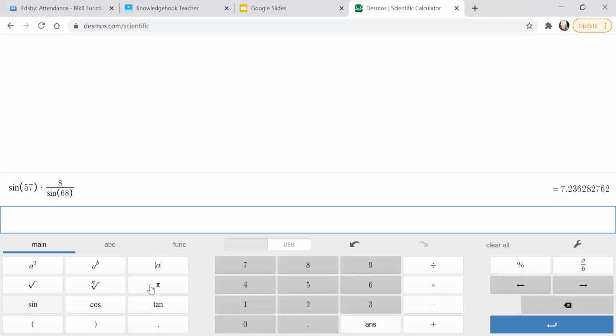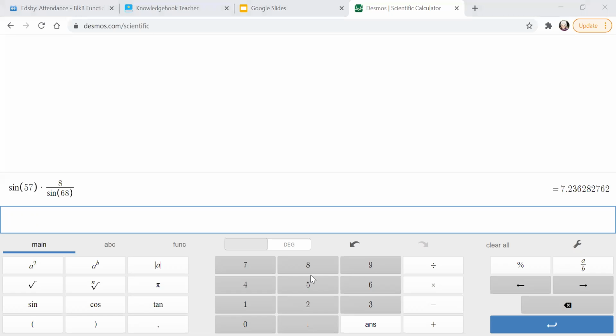What are you guys getting? 7.25. Awesome. I've got 7.24, but let me make sure I entered it in right, because I was just going off of memory.